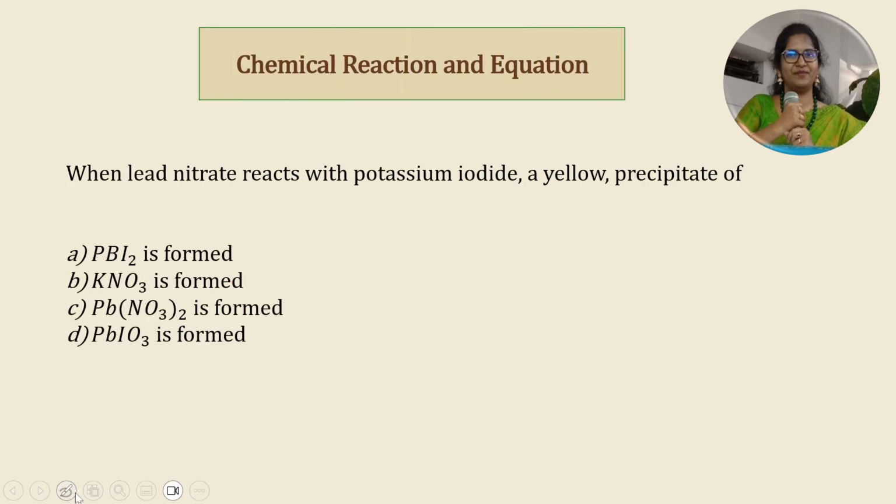When lead nitrate reacts with potassium iodide, what yellow precipitate will be formed? Lead nitrate, that is Pb(NO3)2, with NO3 taken twice, reacts with potassium iodide. What will be formed?